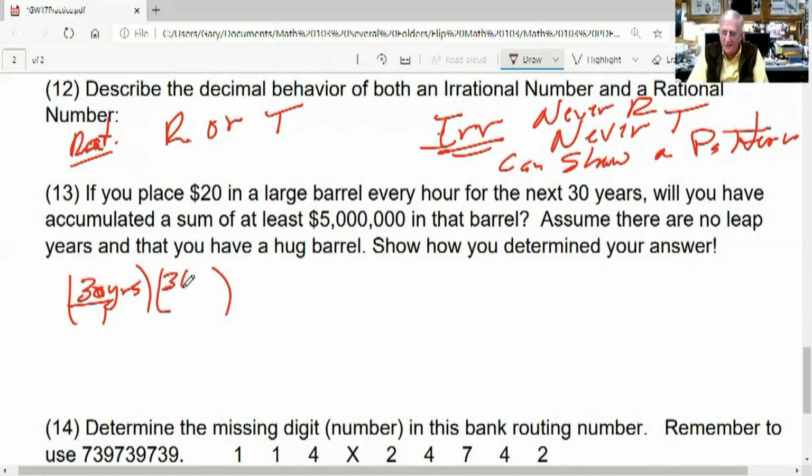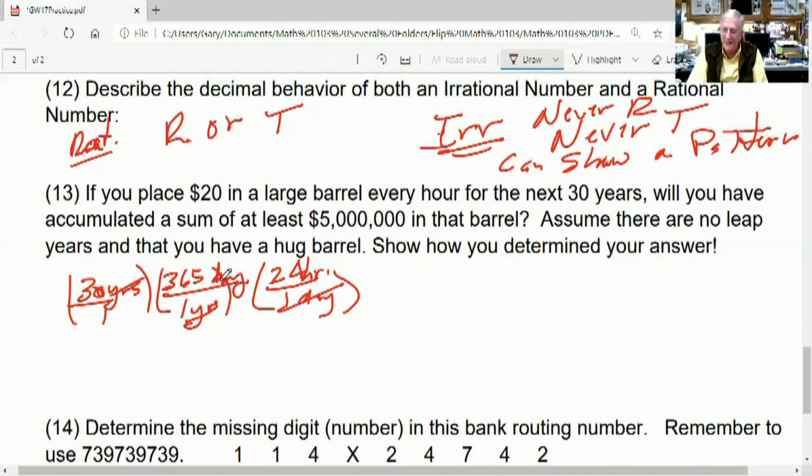We always go to days. There's 365 days in 1 year. The years have canceled. Now I want to get it into hours. Well, there are 24 hours in every single one day.